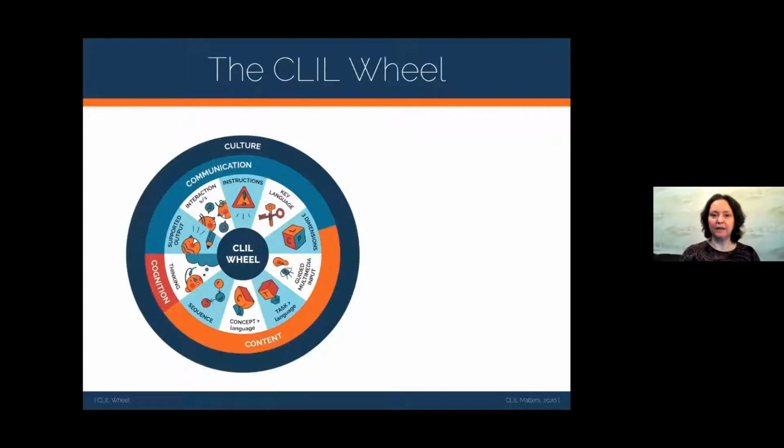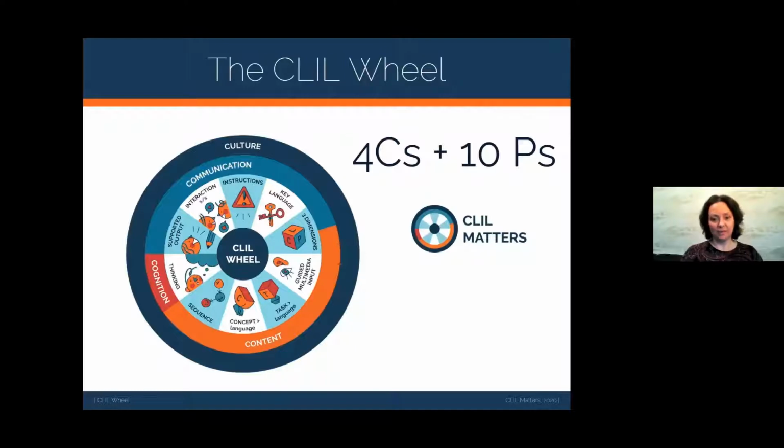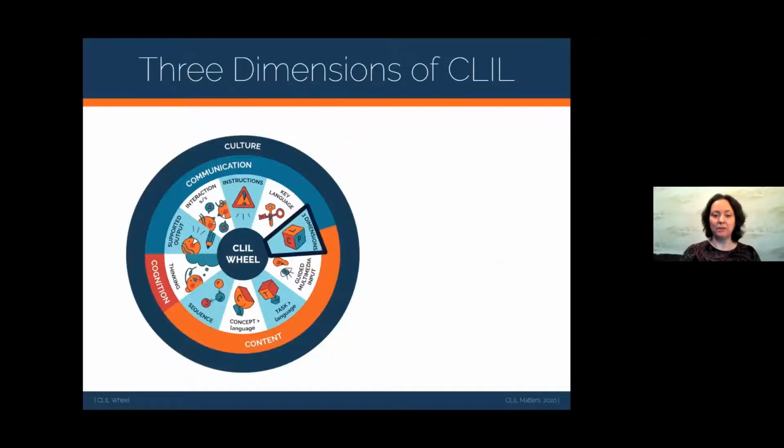The idea that I've been kind of promoting recently is the CLIL wheel that combines the traditional 4Cs of CLIL, so communication, content, cognition, and culture, with so-called 10 CLIL parameters. Again, I could talk for a while about all this, but today I would like to concentrate on so-called 3 dimensions of CLIL.